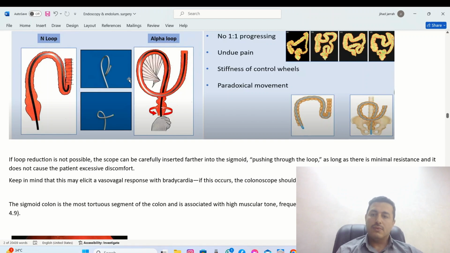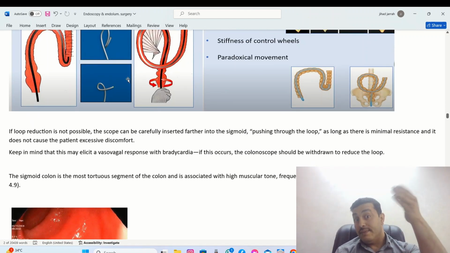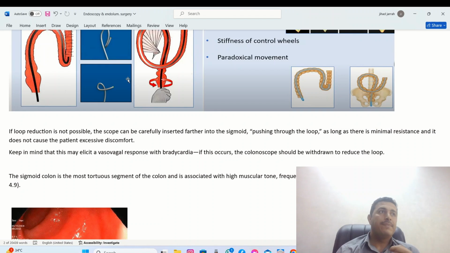Okay, we said that commonly in the sigmoid we use the technique we previously discussed, the clockwise torque. It's like this to increase the stiffness, and also the insertion and pull back technique, insert and pull back rapidly, jiggling or dithering.